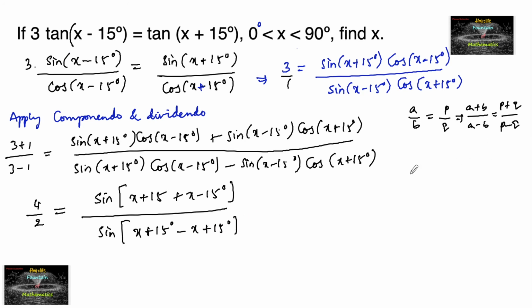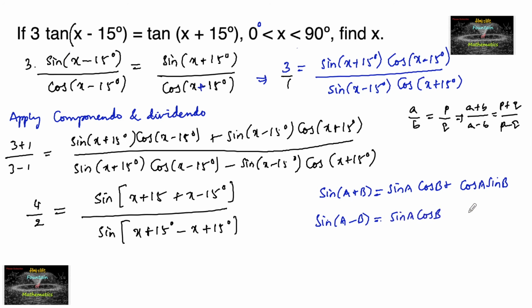Since, let me write here, sin of a plus b is equal to sin a cos b plus cos a sin b, and sin of a minus b is equal to sin a cos b minus cos a sin b.